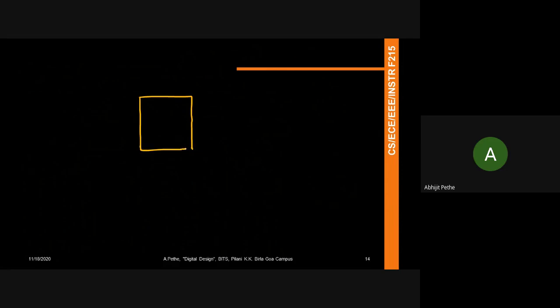This would be my 8x4 ROM, right? My three inputs are A2, A1, A0. And my outputs I want to get are essentially B5 to B2. So my outputs are going to be B5, B4, B3, B2.